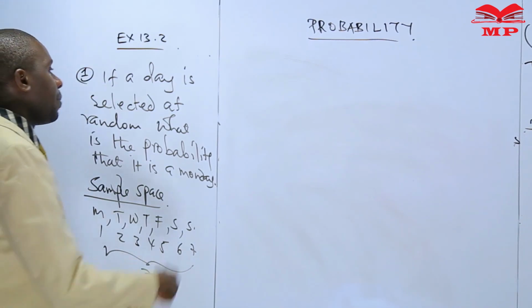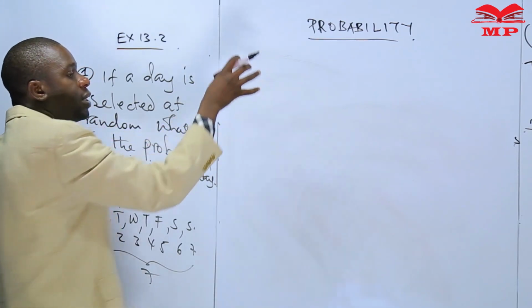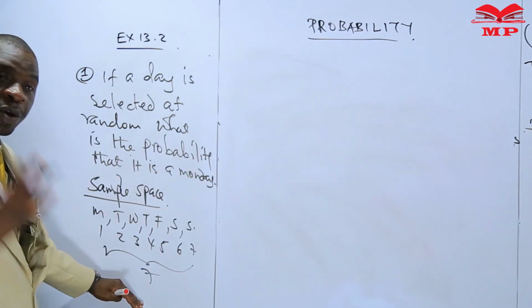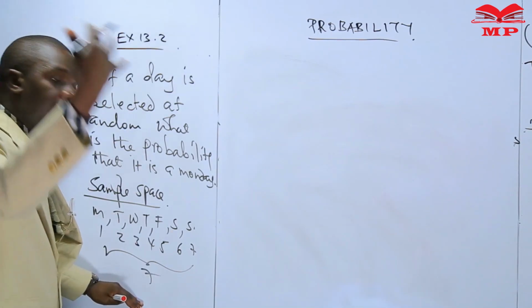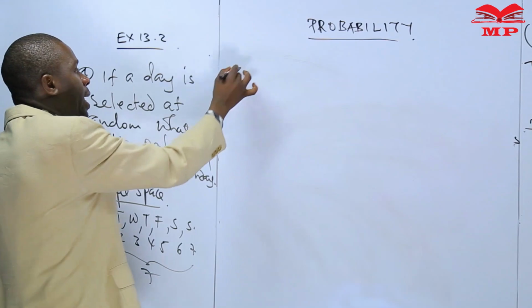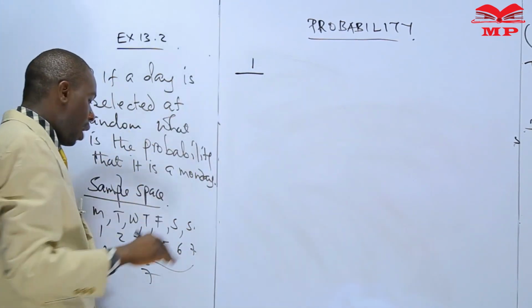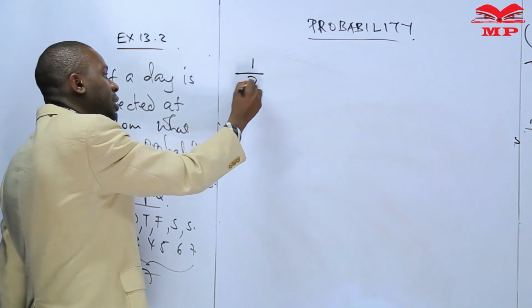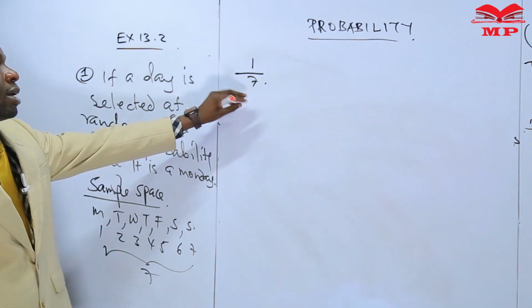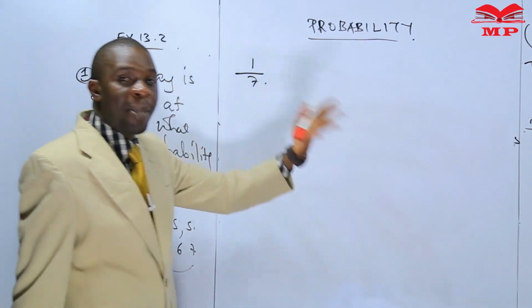So we say that simply if you want a probability, you find the number of favorable outcomes over the total outcomes, which is the total number of outcomes in a sample space, and that gives you the probability. So any day is just one day over the total number of our sample space, which is 7. So this will be the probability that a day selected at random is a Monday.